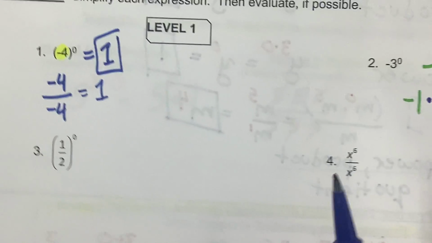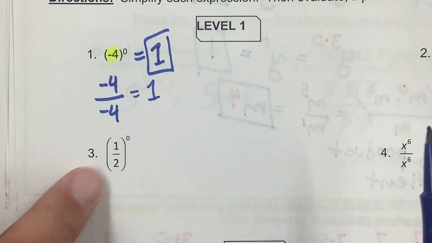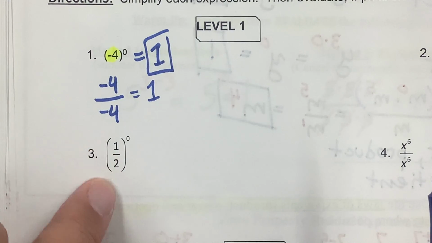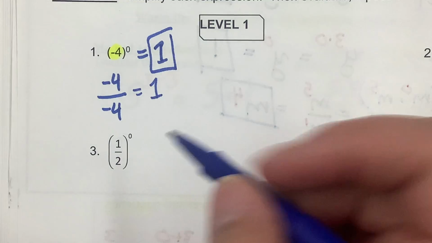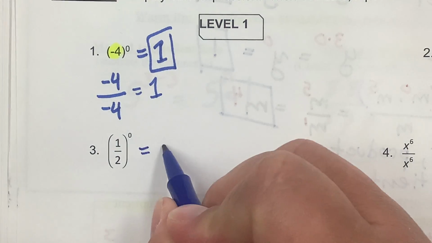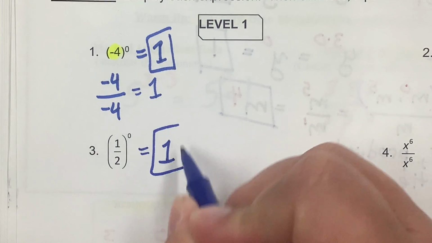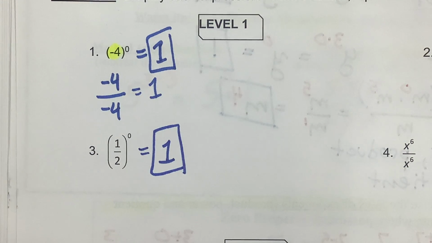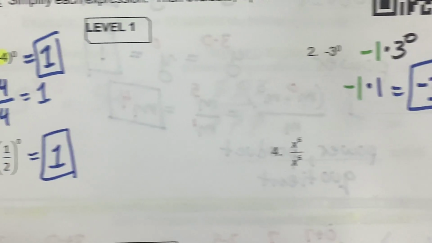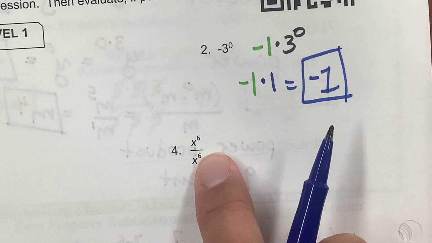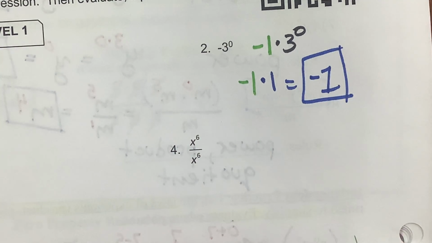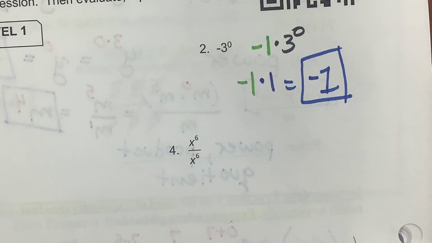All right, so this next problem, in parentheses, 1/2 to the 0 power. Anything to the 0 power is 1, as long as there's parentheses around the base. So let's take a look at this one. x to the 6th divided by x to the 6th. Well, any number divided by itself is 1.